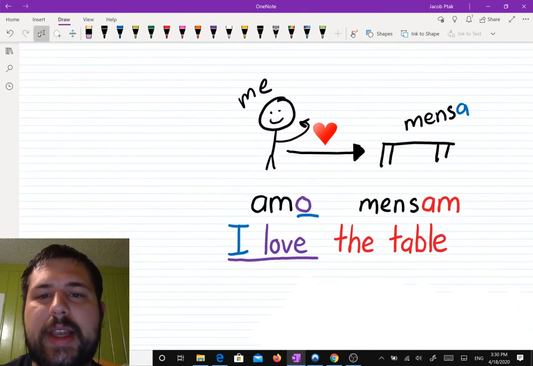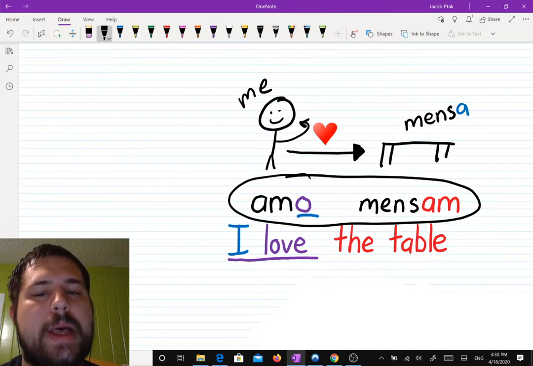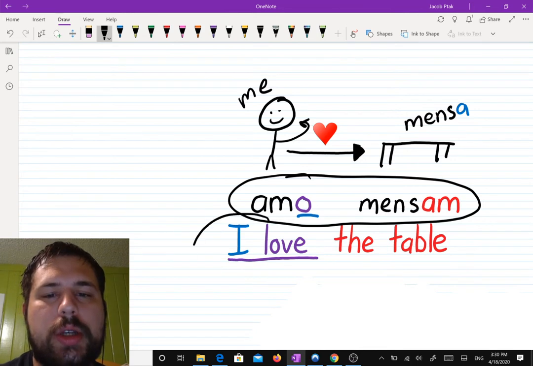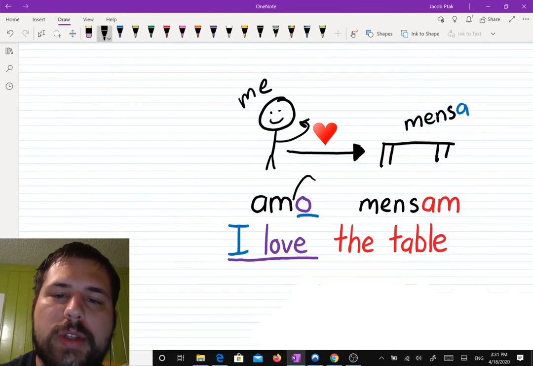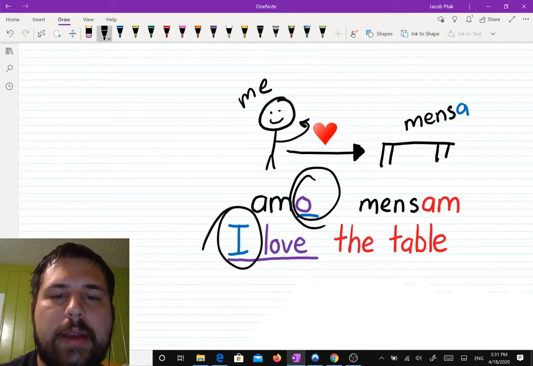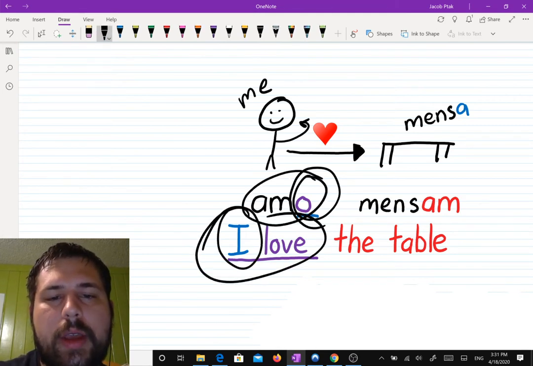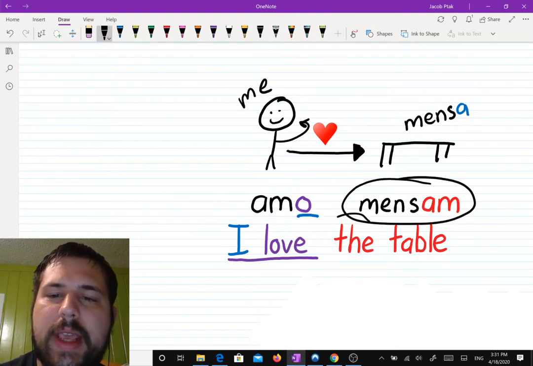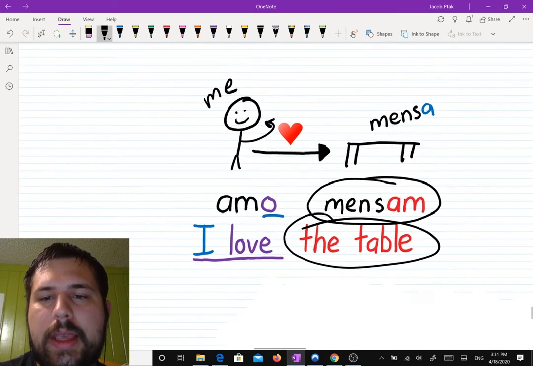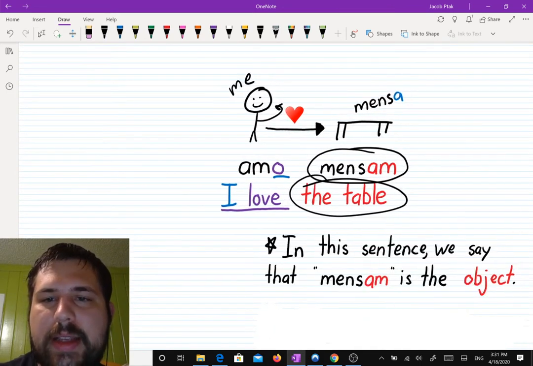Here you have the sentence, amo mensam, which means in English, I love the table. Remember, of course, the O means I, so amo is I love in one word. And then again, we're going to say that mensam is the object in this sentence, just like last time.